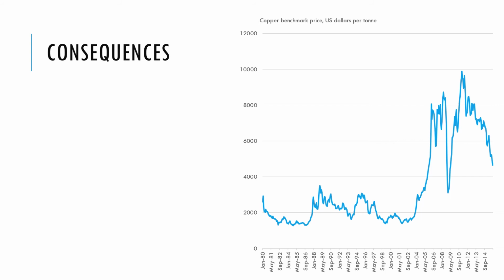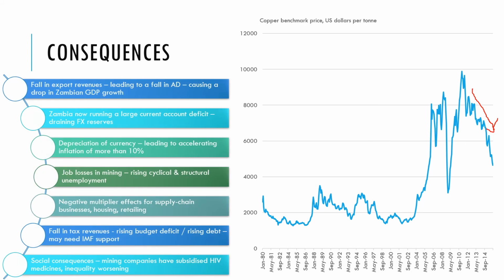So what would be the consequences of this steep drop-off in export prices for Zambia and a deterioration in their terms of trade? Well, number one is a fall in export revenues, leading to a fall in AD, causing a drop in GDP growth. Number two is that it might create a large current account deficit, draining foreign exchange reserves.